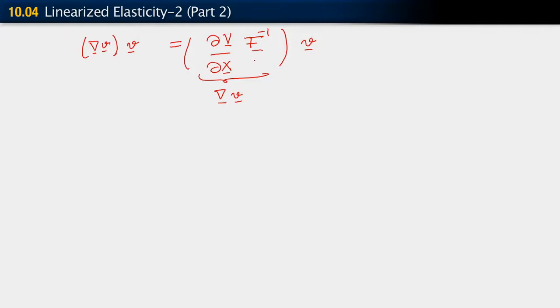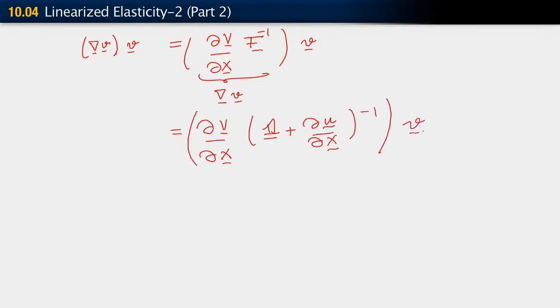Now, straight away, we know that this term is of second order, because this is properly the partial of v with respect to x times the inverse of 1 plus the partial of u with respect to x, all acting on v.